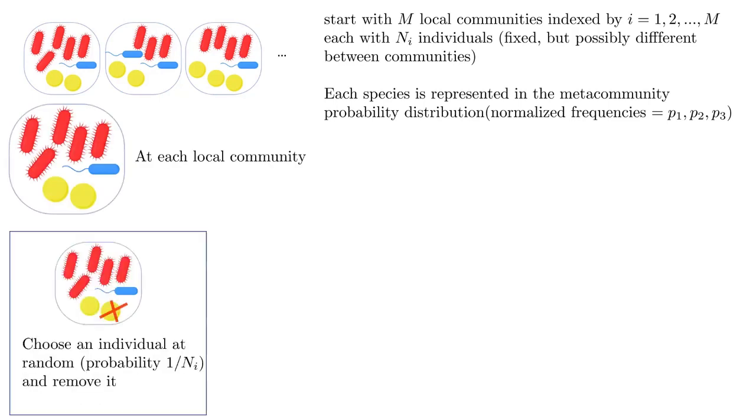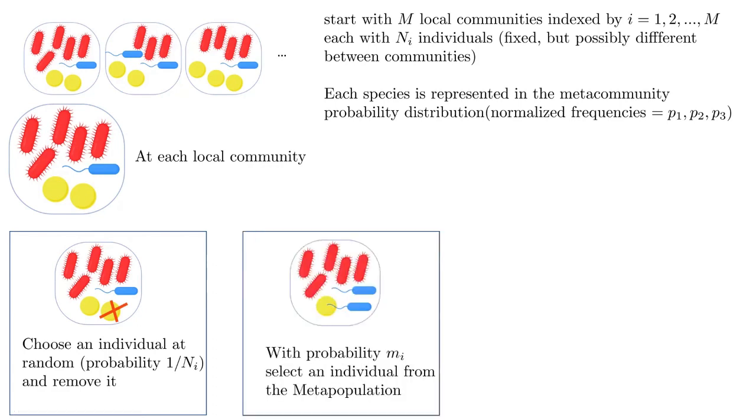Then you start a local community and you impose a dynamic where you choose an individual at random, with uniform probability. This dynamics is at the level of individuals, not at the level of species, as you would have in an ordinary differential equation model. You really look at the individuals, and with probability 1 over Ni, where Ni is the total number of individuals in the community, you remove an individual.